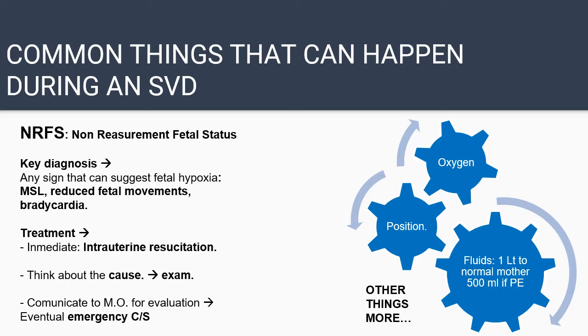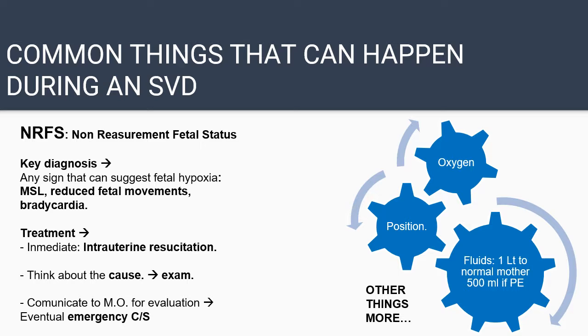That means in a left lateral decubitus position, because the uterus can compress the vena cava, and that diminishes the preload of the heart. So if you put the mother in the left position, the uterus stops compressing the vena cava, and the preload increases, the cardiac output increases, and also the perfusion for the placenta and for the baby increases.